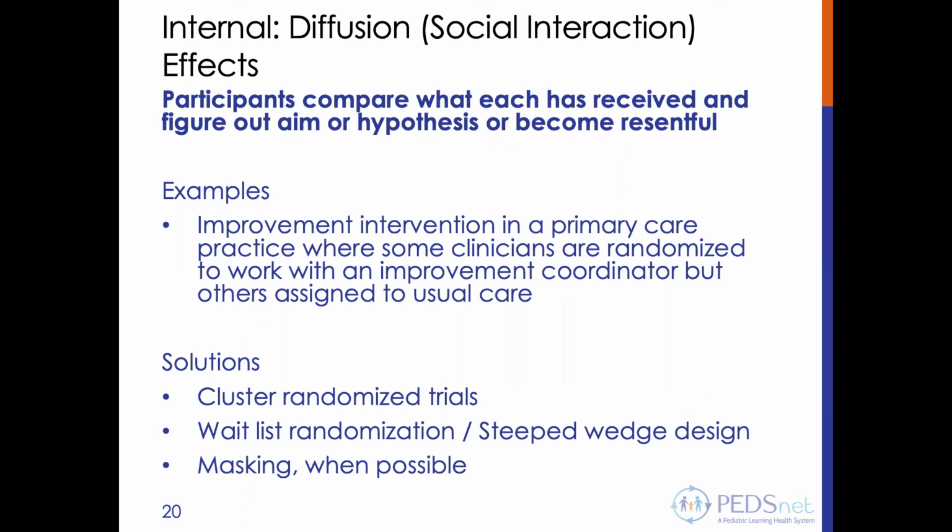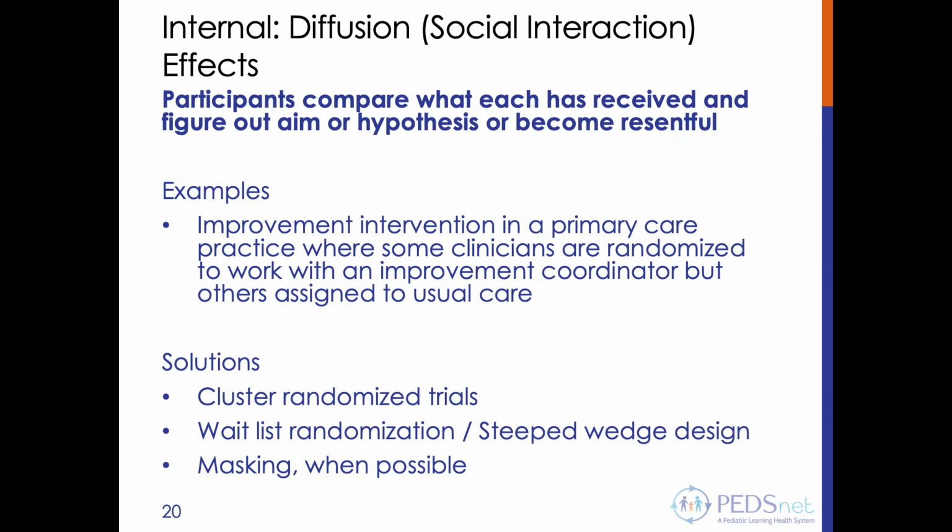The other threat to study validity that I like to think about whenever I do particularly complex interventions is sometimes called diffusion or social interaction effects. This is where participants are not masked to the intervention, and they figure out that other participants are getting something that they're not. So an example would be you're running a study in primary care practices, and you've randomized clinicians in primary care practices to some work with an improvement coordinator, but others get usual care, right?